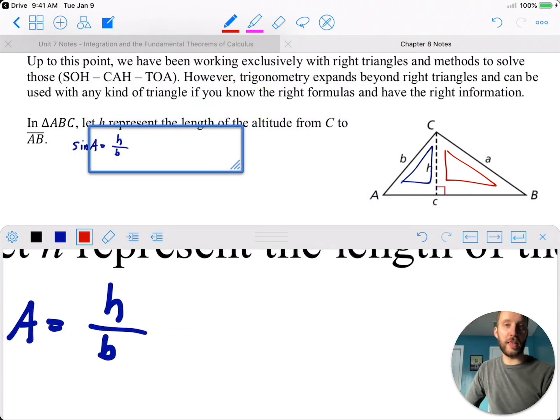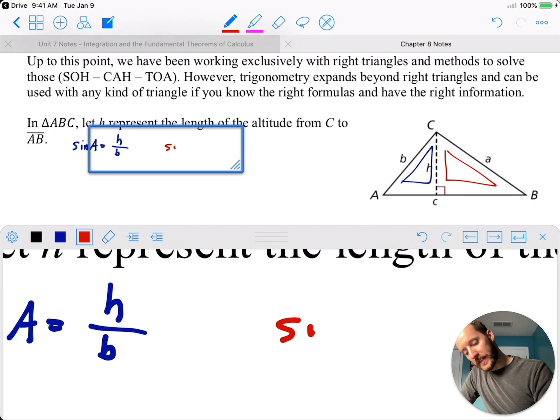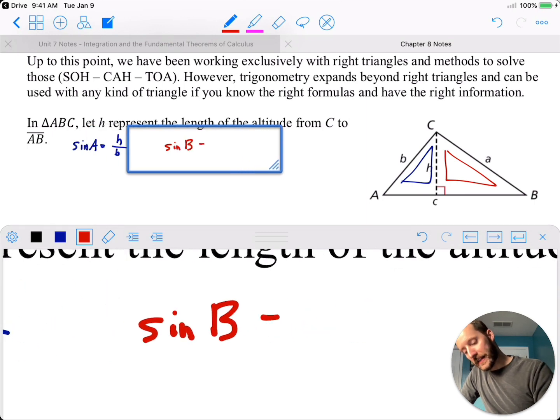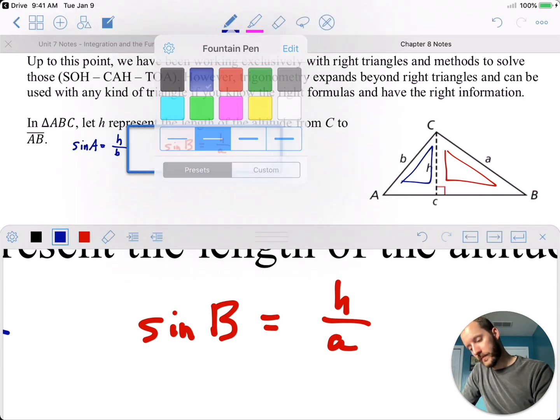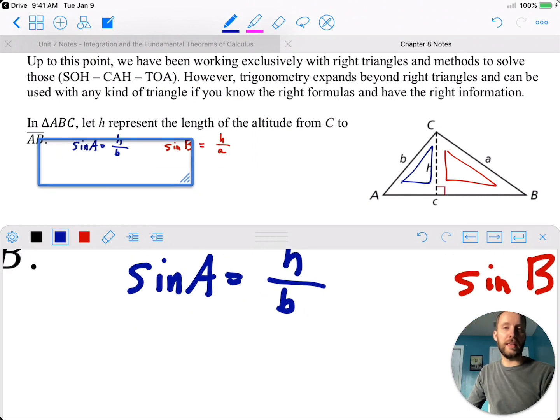For the triangle on the right, the red triangle, let's do the sine of angle B. Again, opposite over hypotenuse, so h over a. Now, triangle on the left, the blue triangle, let's solve for h: multiply by b.